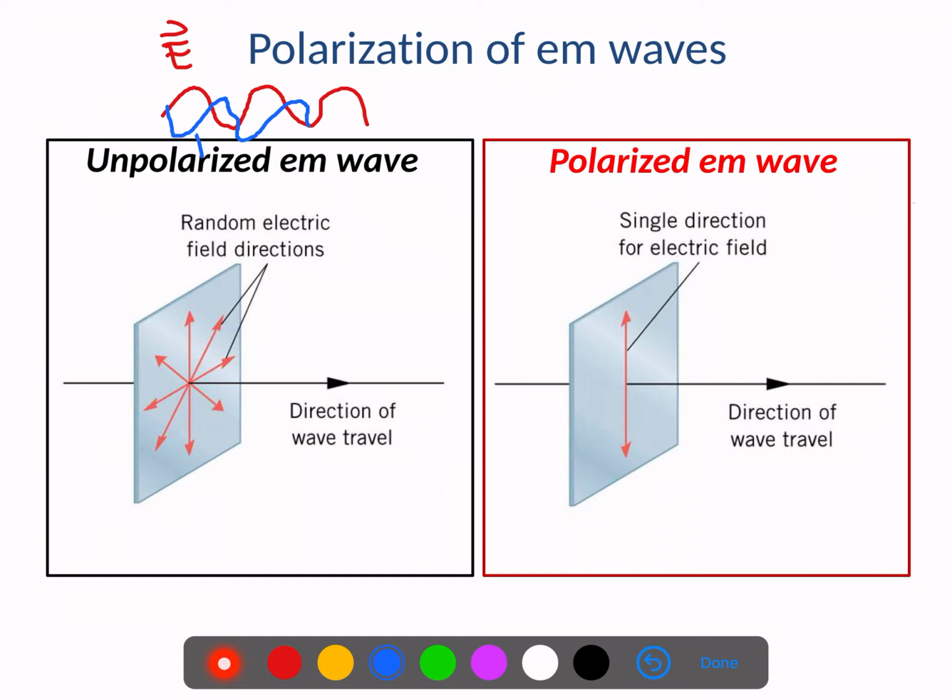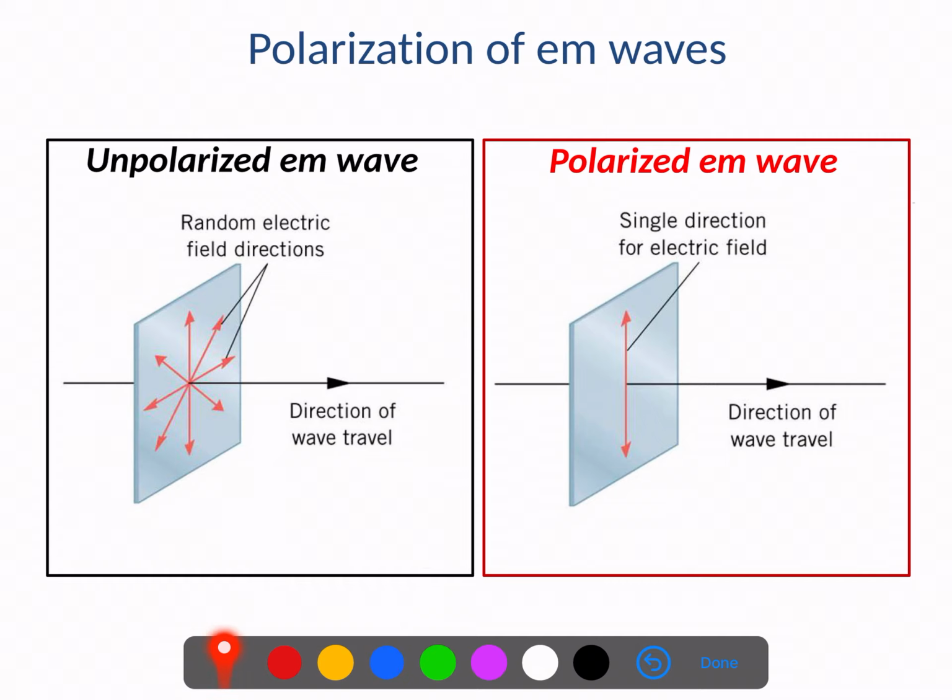Okay, that's really a simplification, because what's happening is that the electric field for an unpolarized electromagnetic wave is actually pointing in random directions, like what you're seeing in this cartoon here.